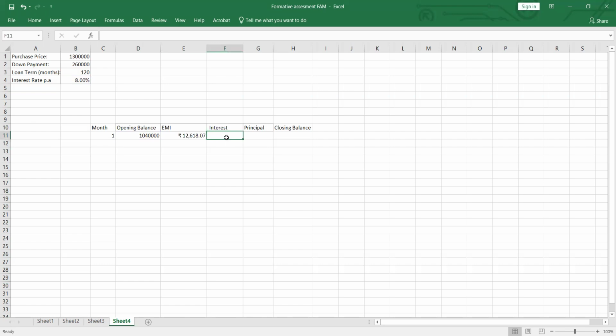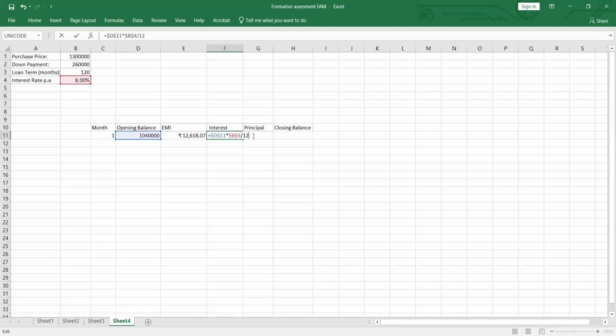Interest is calculated on the opening balance. This is my opening balance. Put the dollar sign, and then into 108. Put the dollar sign. One second, I made a mistake.